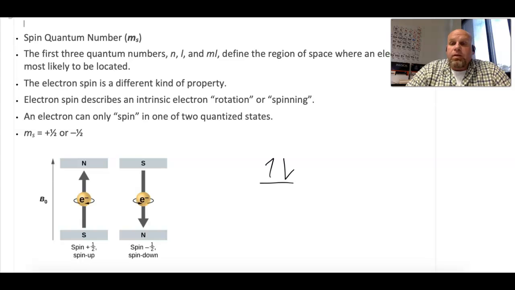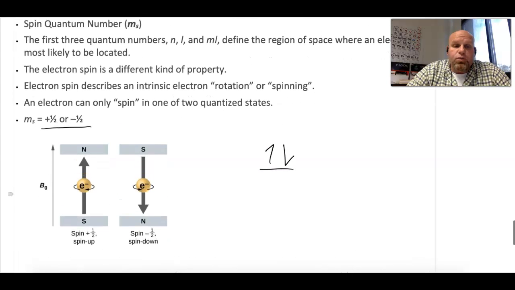Okay, so the ms values are either +0.5 or -0.5. So no ranges and things like we talked about in some of the other quantum numbers. It's just +0.5 or -0.5. And you can see if that electron is pointing up, spin up, it's going to be +0.5. If it's spin down, it's going to be -0.5.